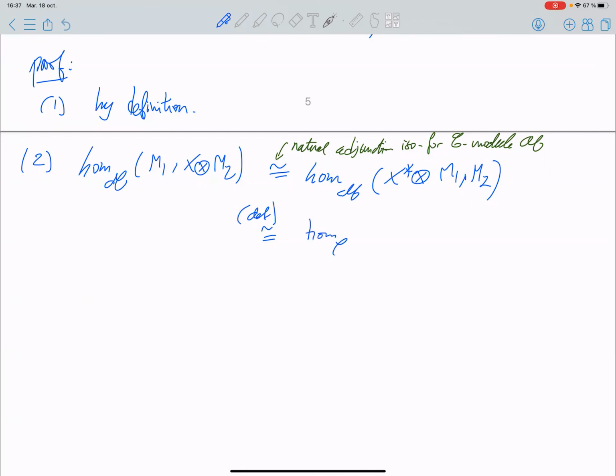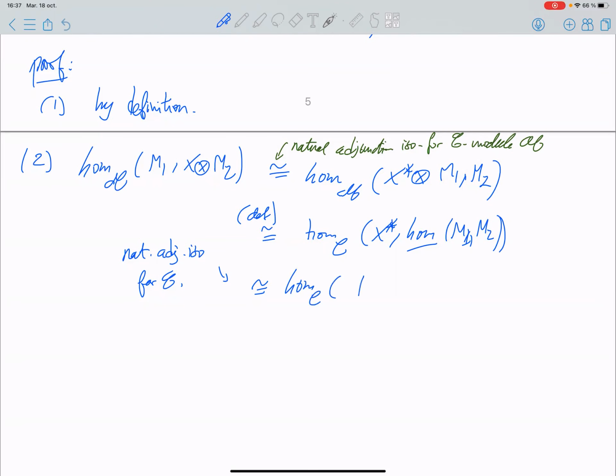So now we go to Hom space on C, X ⊗ internal Hom M1, M2. So here is just the definition. And finally, you apply the natural isomorphism for C itself. And you put the X dual on the right. And you get it like that.